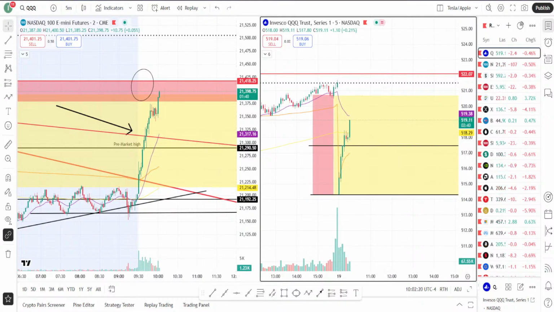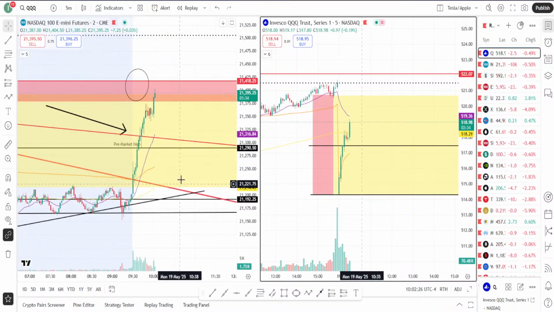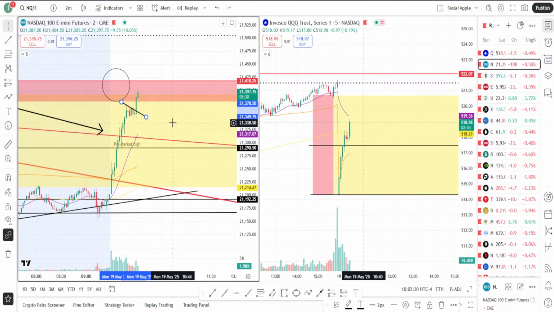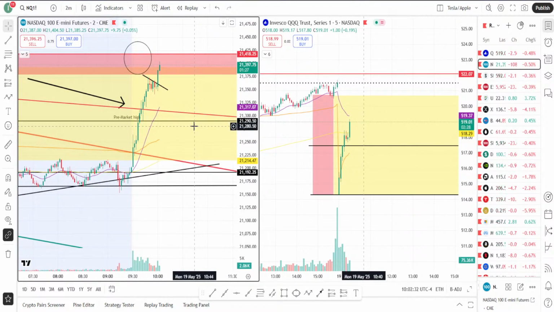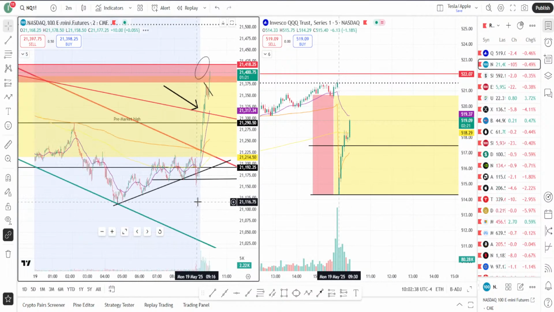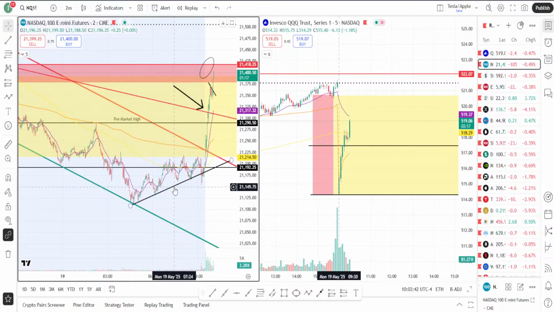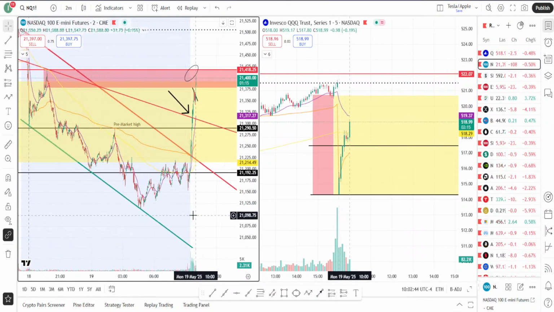She's ripping. So bull flag. She's ripping. She's going. Go ahead, clear this chart up a little bit. Clean this mess up.